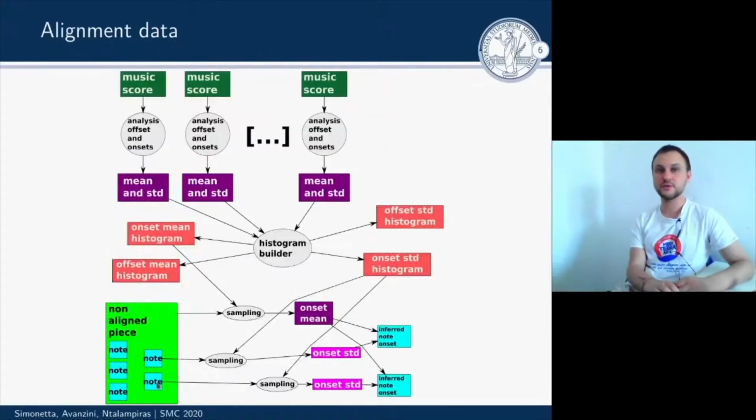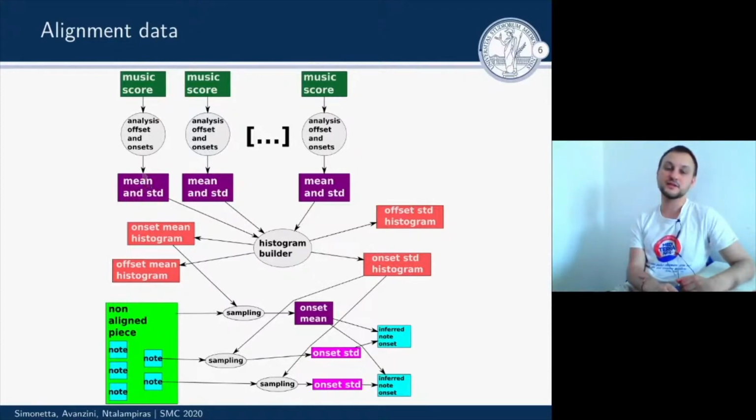As I said before, we augmented all the data with alignment. We have only a few datasets which contain both music score and aligned data. So we analyzed these few datasets and computed the histogram of the mean deviations of the notes and the histogram of the standard deviations of the notes.